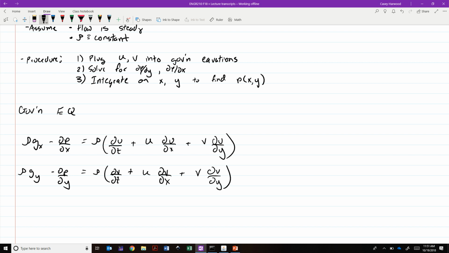Okay, notice I've left all the z derivatives and the w's out because we're assuming this is a two-dimensional flow.